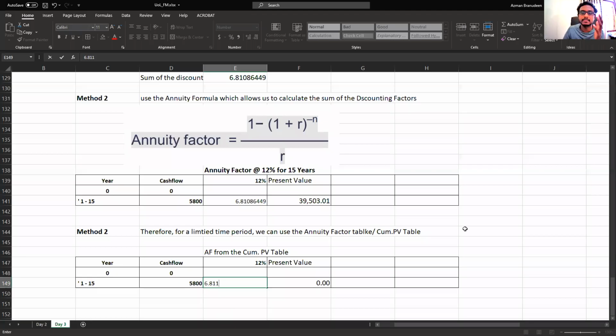Now, I paused it during the break. 6.811, which as you can see is 6.810, but when you round it off to the third decimal you get 6.811. So we have the final answer, 39,503.